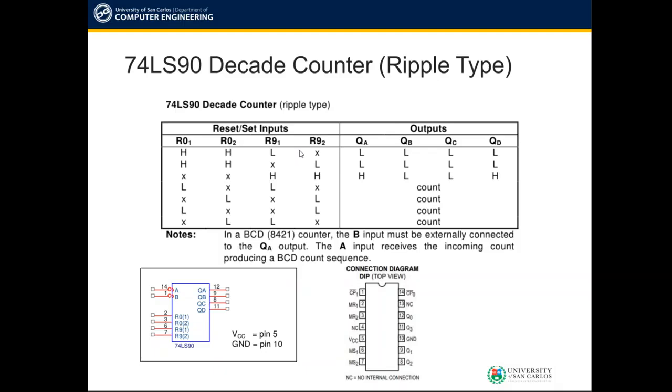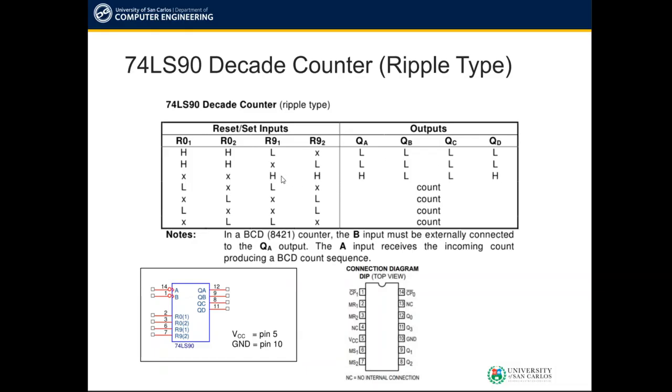Some data sheets refer to it as R91 and R92. Basically, whenever these 2 values are high, the output of your 4 bits is 9 or 1001.